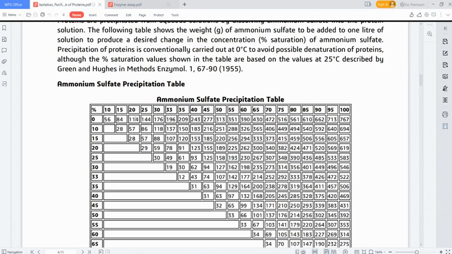So when they want to do 15%, they don't add 8.45. What they now do is that they will add an additional 2.8 grams, because the first one they already have 10%.